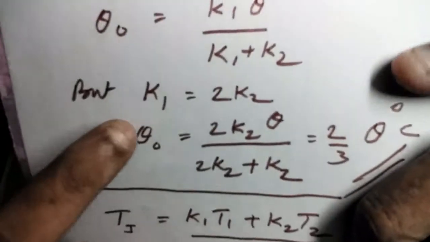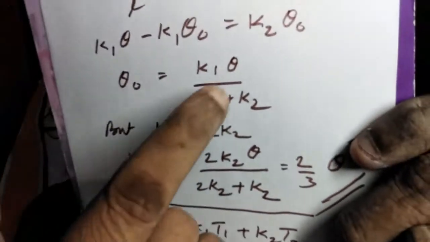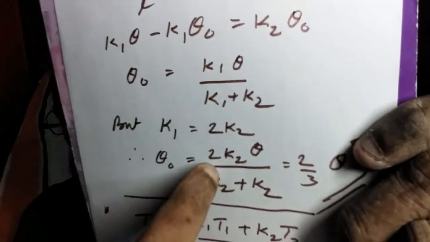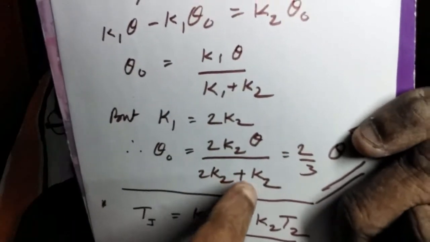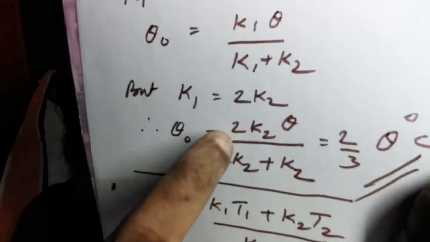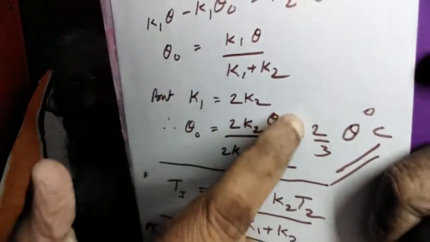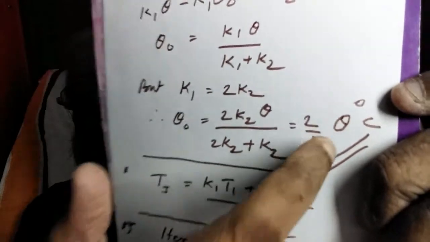But it is given K1 is twice K2. So you substitute here. Then theta 0 equals, in the place of K1 you put 2K2, into theta by 2K2 plus K2. That means K2 and K2 would go. Then you get 2 by 3 theta. It is the junction temperature.